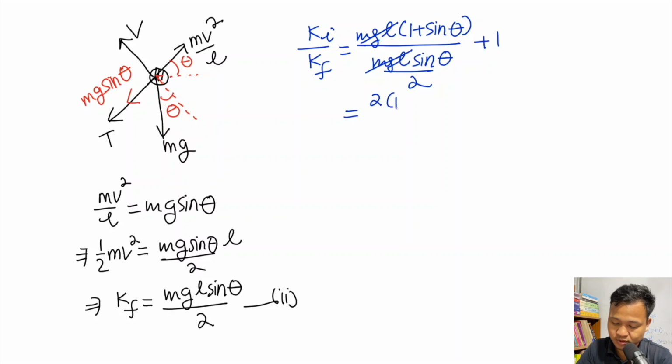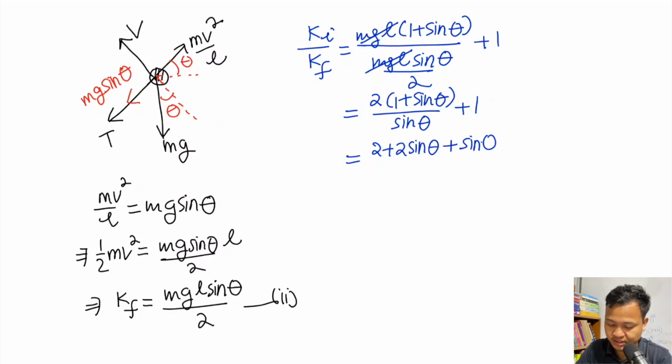So 2 into 1 plus sine theta, divided by sine theta, plus 1. Taking the bracket, 2 plus 2 sine theta, then taking LCM with sine theta divided by sine theta, we get 2 plus 3 sine theta.